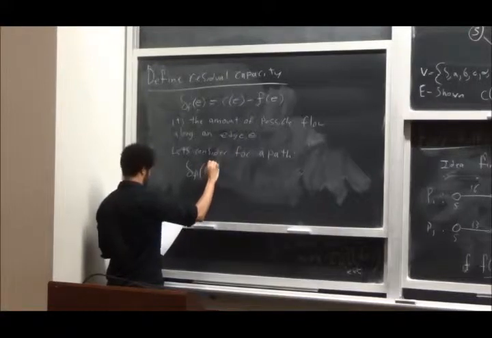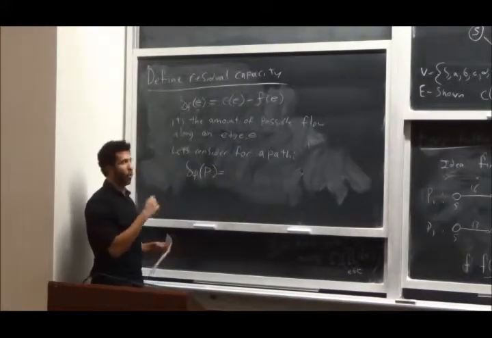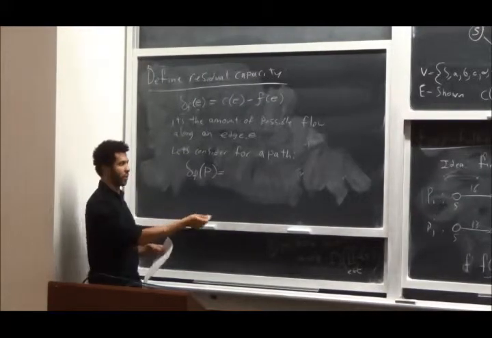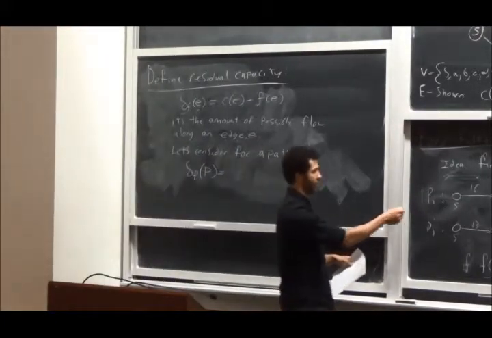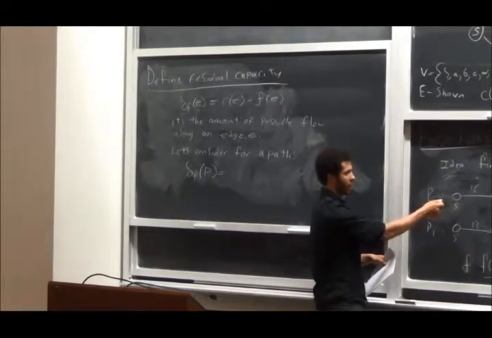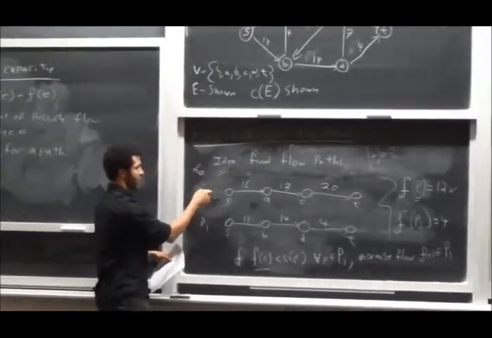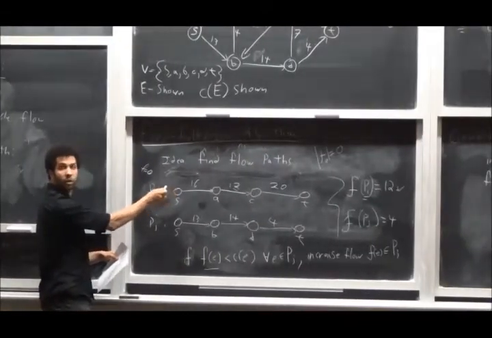For some arbitrary path, does anybody have an idea how much capacity we have left in it? Say we consider this path. The current flow amount is 0. What's the residual capacity? How much can we improve? So basically, how much can we push through this pipe?